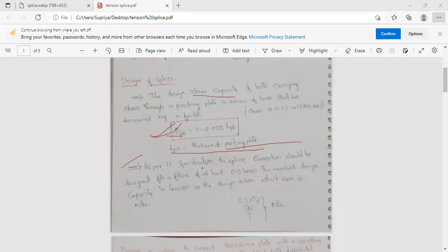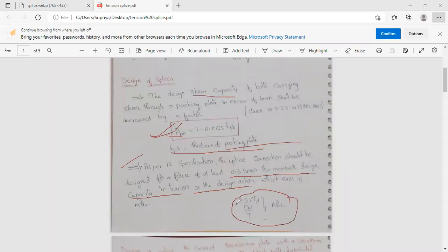And while designing, we have to consider one more point. As per IS specification, the splice connection should be designed for a force of at least 0.3 times the member design capacity in tension or the design action, whichever is more. So to which load should we design the connection?